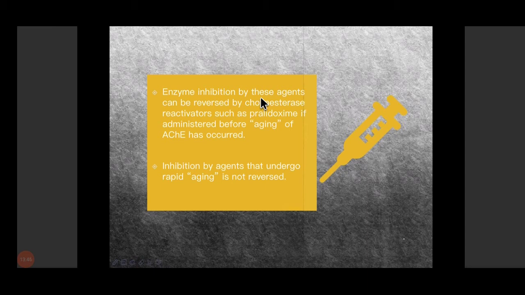But this has to happen very fast so that aging of cholinesterases does not happen. And inhibition by agents that undergo rapid aging cannot be reversed. If some organophosphorus compounds undergo very rapid aging, then in that case, you cannot treat such patients. They will eventually die because of cholinergic excess.